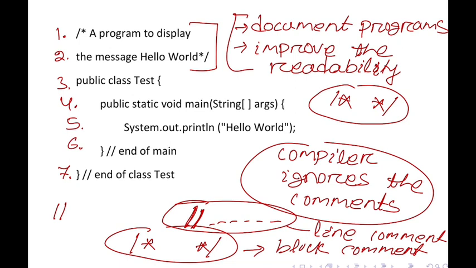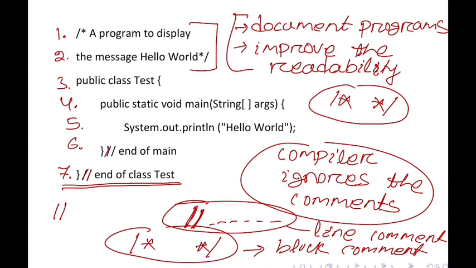So in line number 7, you can find the single line comment, that is double slash end of class test.